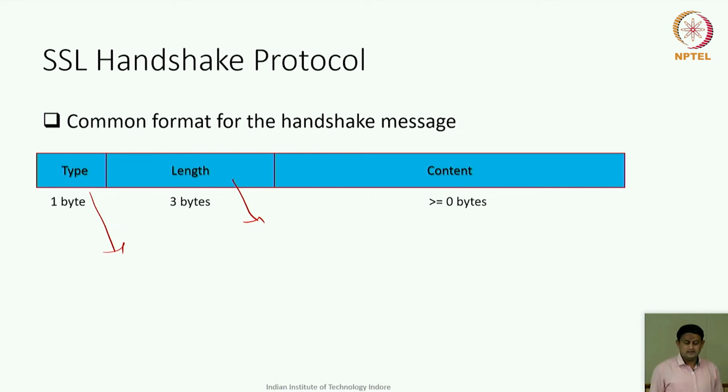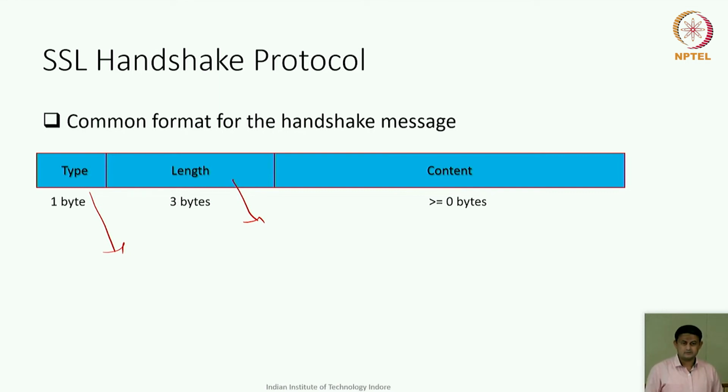The type is basically to identify what the client is sending to the server and what the server is sending back to the client. Let me give an example. At the time of the initial communication, the client and server might exchange a certificate, so the type tells that this is that kind of message.